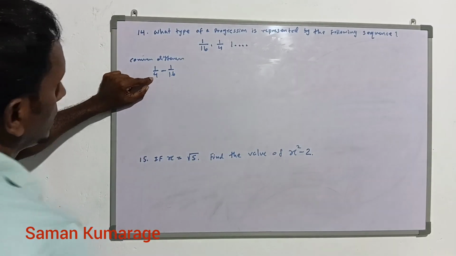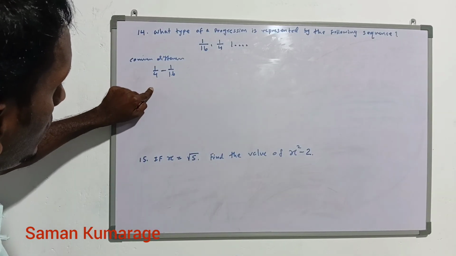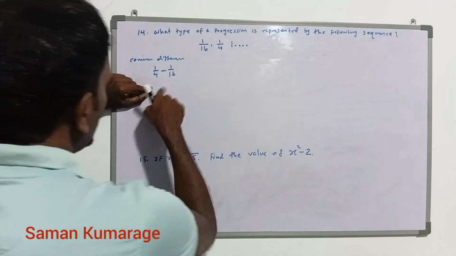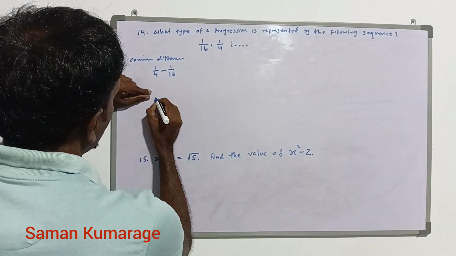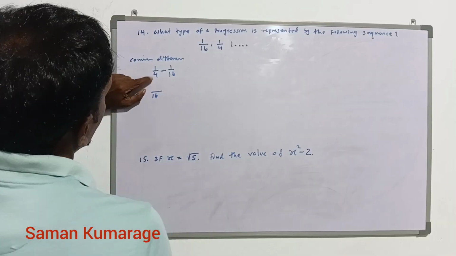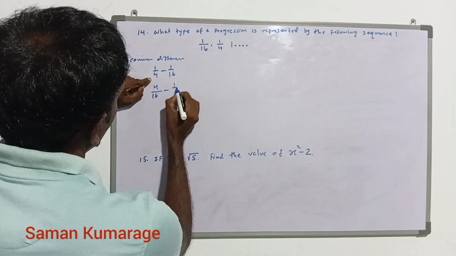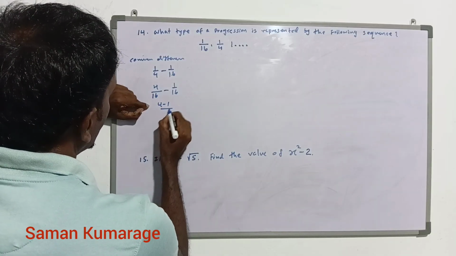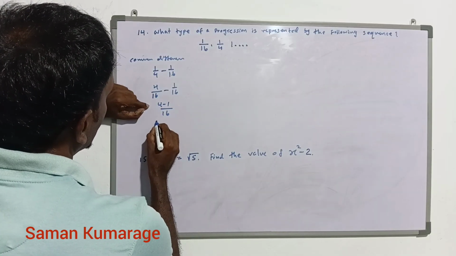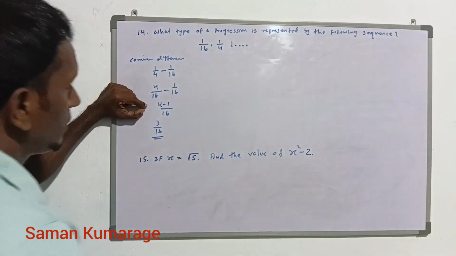To simplify this, we need to make the denominators equal. Take the LCM, which is 16. Here we multiply this 1 by 4, then 4 minus 1 over 16. 3 over 16 is the common difference.